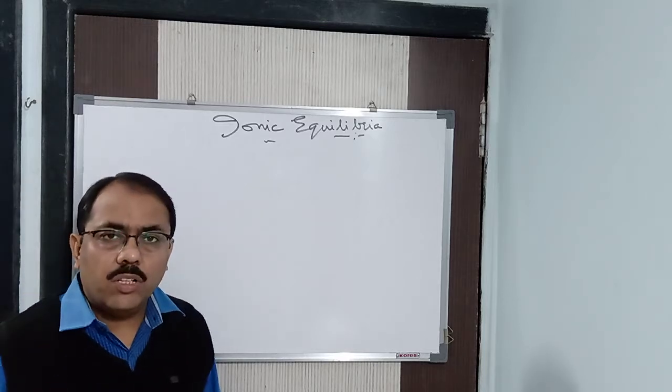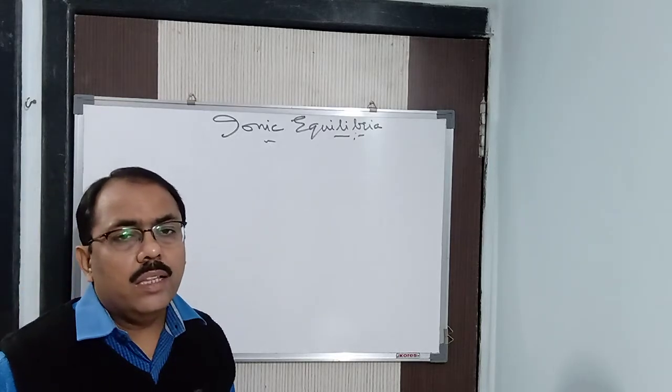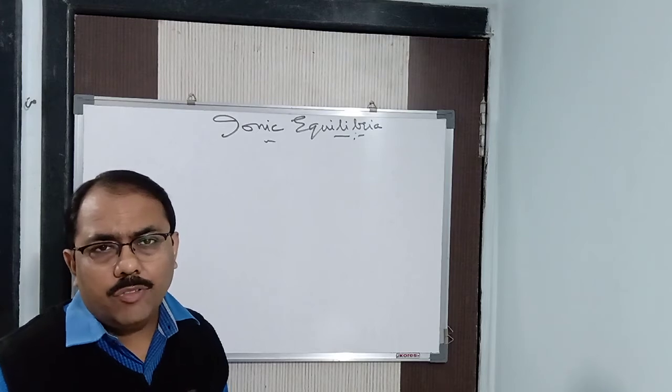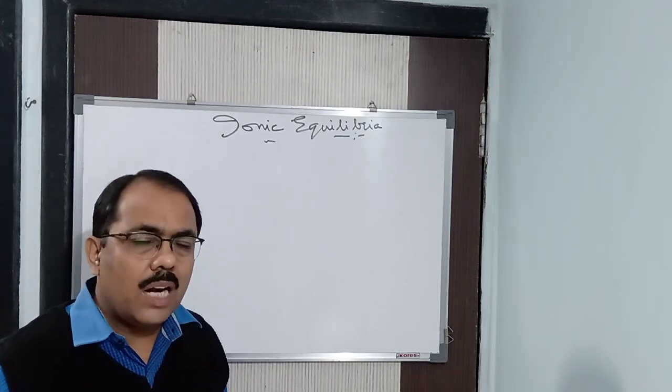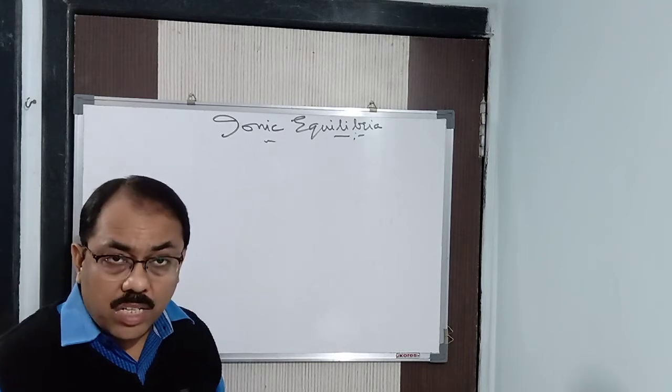Now, if you take 100 molecules of ammonium hydroxide, you will find that hardly 10 to 15 molecules dissociate, and the remaining 85 to 90 molecules remain undissociated.